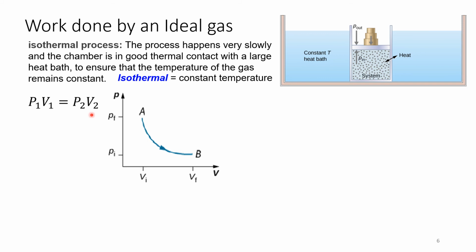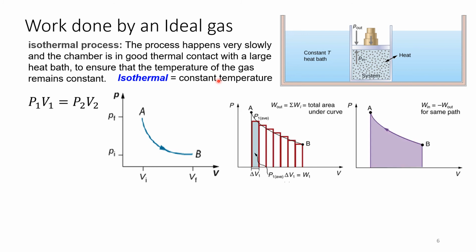Since the pressure here is not constant anymore, it is a little complicated to calculate the work done on the gas or by the gas numerically, and this is not required in this course.